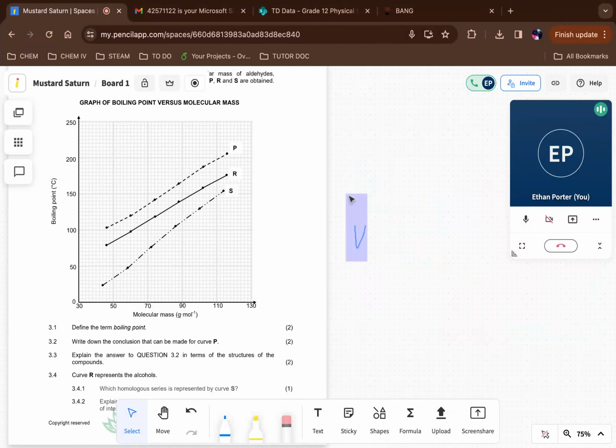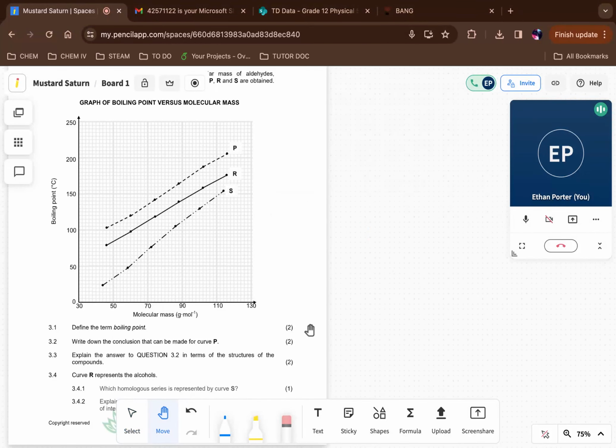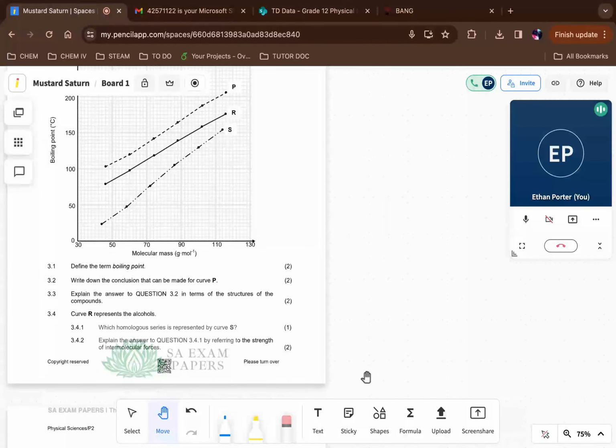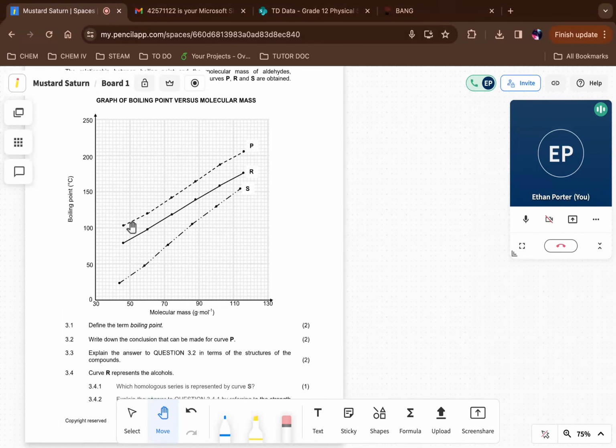All right. Moving on to question 3.2. Write down the conclusion that can be made from curve P. So let's have a look. So curve P starts around 100 degrees with a molecular mass of just below 50, and it ends around 200 degrees, and that compound has a molecular mass above 110.